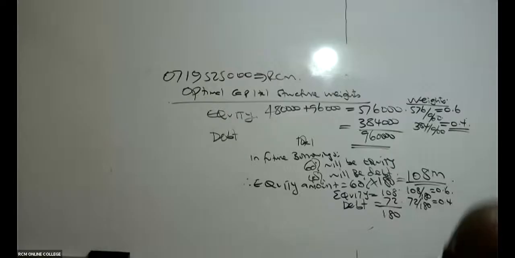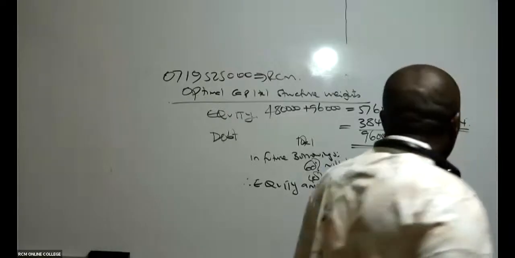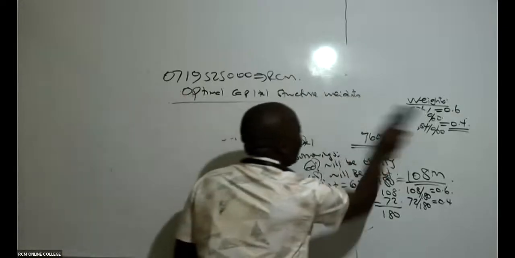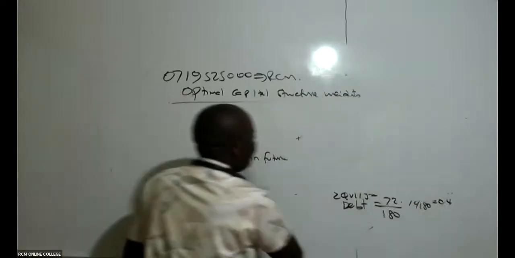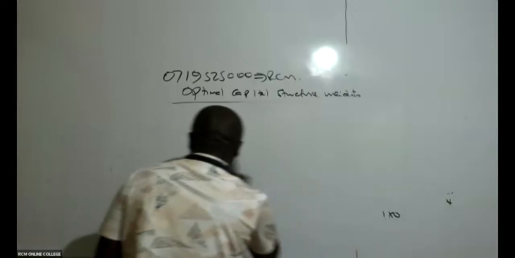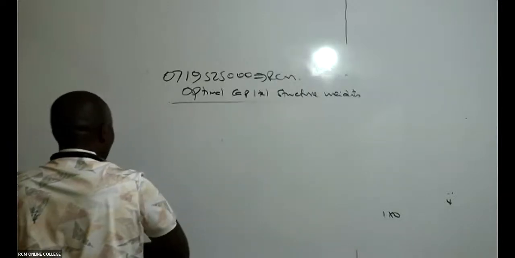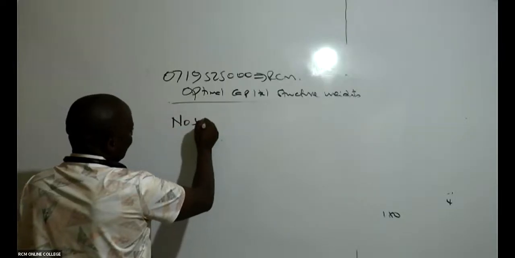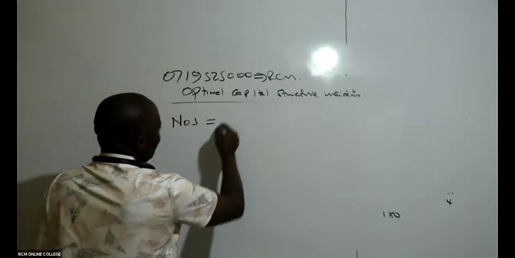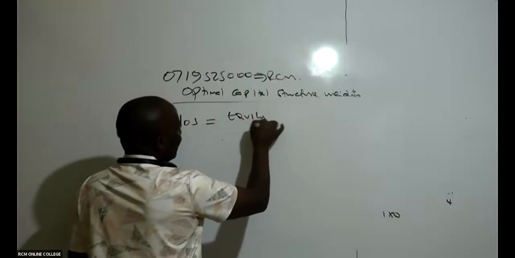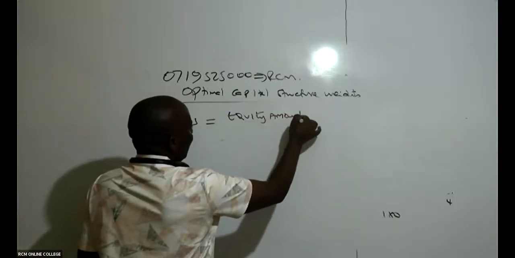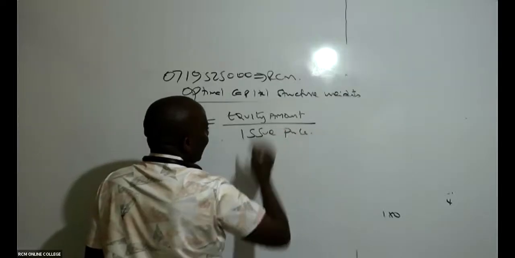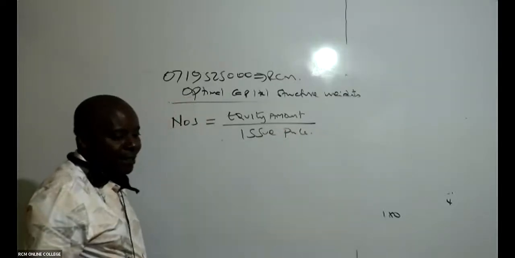This is how we shall get the number of shares to be issued. Number of shares to be issued will be equal to the equity amount divided by issue price.